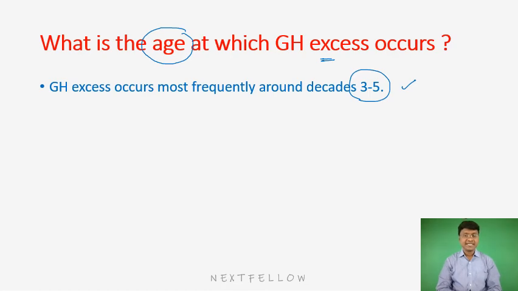Growth hormone excess occurs mainly around the 3rd to 5th decades, that is around 30 to 50 years of age of the individual.